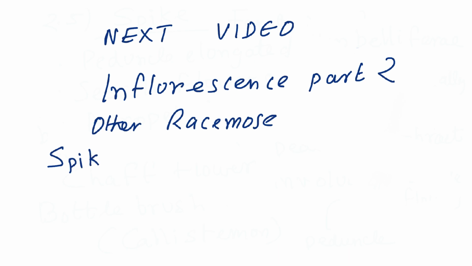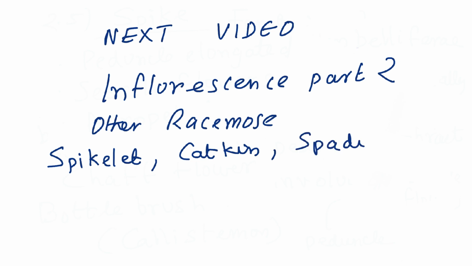So we'll be looking at the other typical important subdivisions of racemose inflorescence in the second video, along with the important features and examples. So stay tuned for the second video, and don't forget to watch the second video to get a further nice idea about this very important type of inflorescence, that is simple racemose inflorescence.